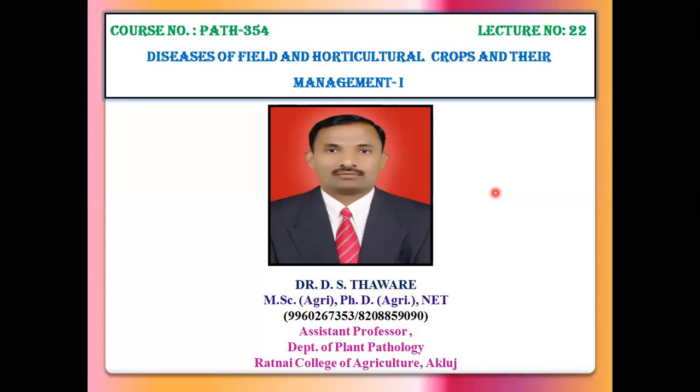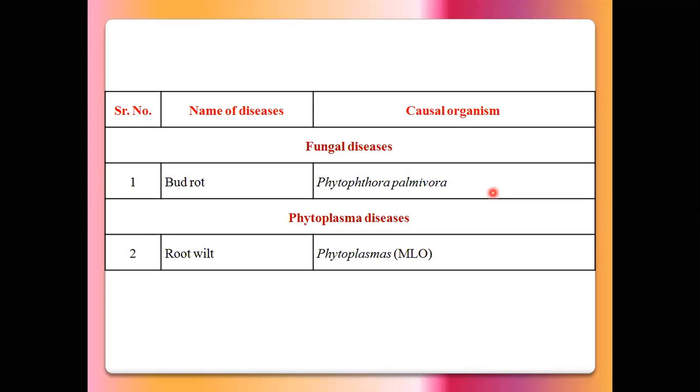Okay, due to the technical problem in previous lectures, we discussed the bud rot disease seen in coconuts. We saw the information regarding the economic importance, symptoms, and perpetuation of the bud rot disease caused by Phytophthora palmivora.